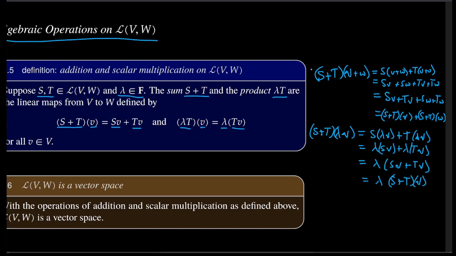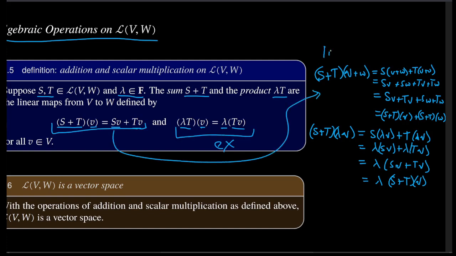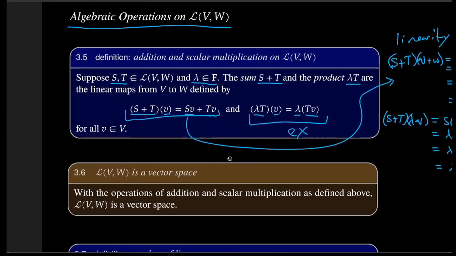The same justification works over here as well. I'll leave that as an exercise. So this is how we show linearity for that one. The other one, I will leave that as an exercise for you. All right, it's not too hard at all.